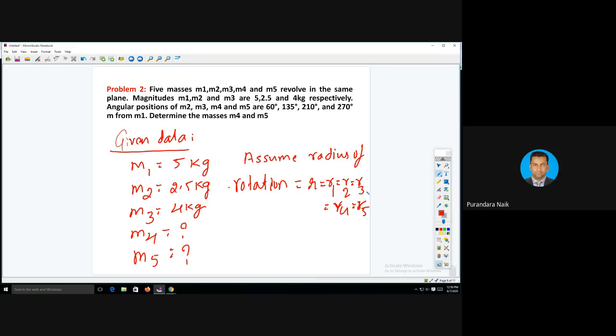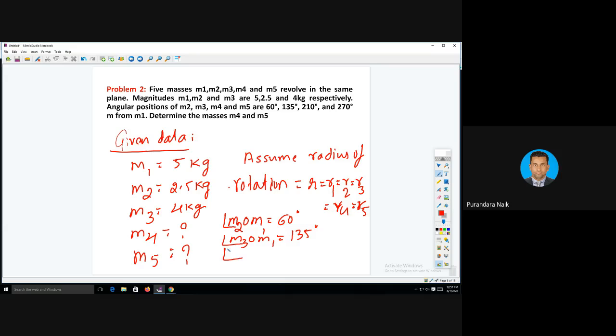This is one more important point. Next, if you come to the angles, the angle of M2 with respect to M1 is equal to 60 degrees. Similarly, the angle of M3 with respect to M1 is equal to 135 degrees.